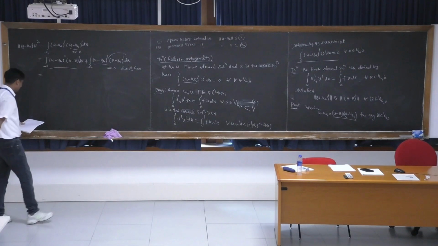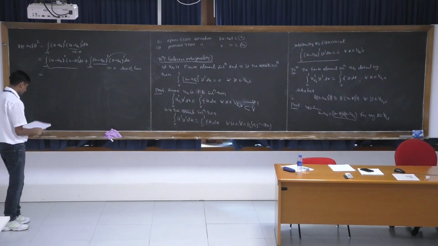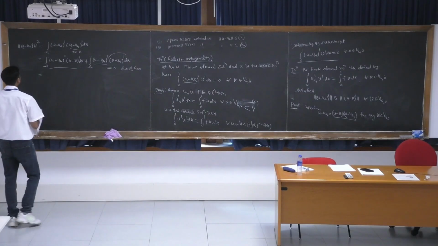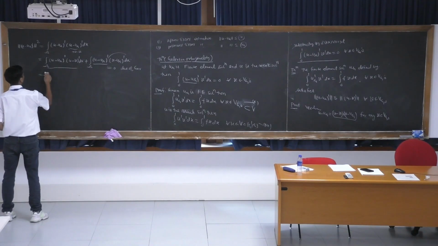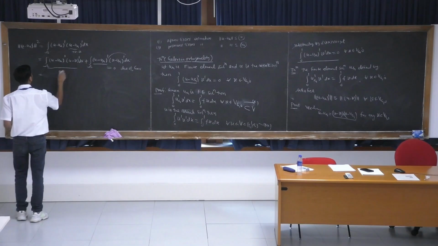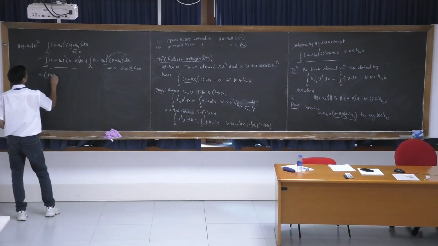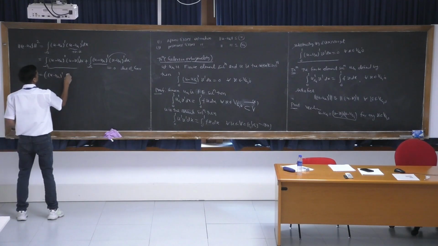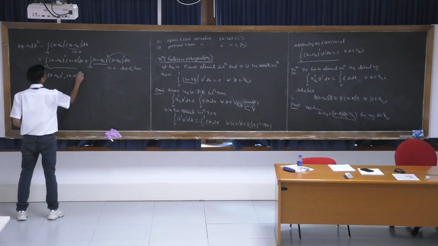Okay, so now we have just this one. Here apply the Cauchy-Schwarz inequality, because this is nothing but the inner product of (u − u_h)' and (u − v)'.